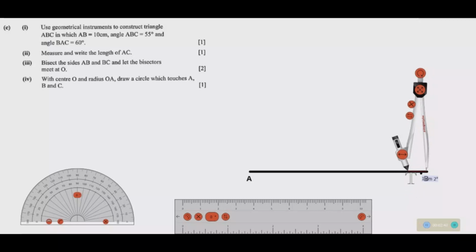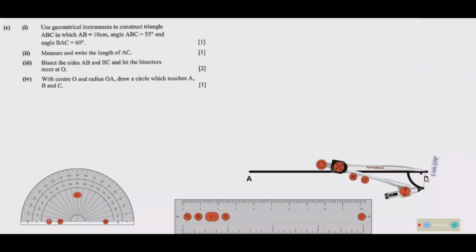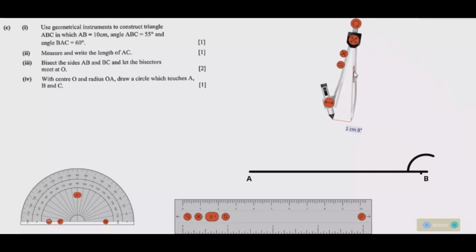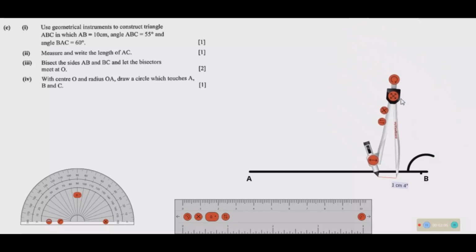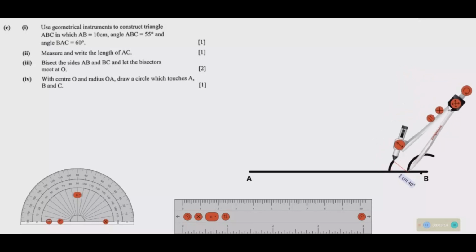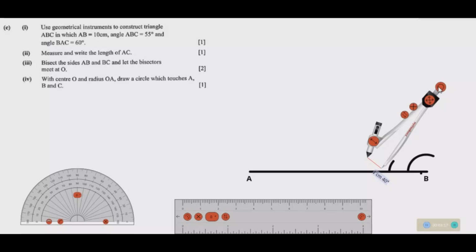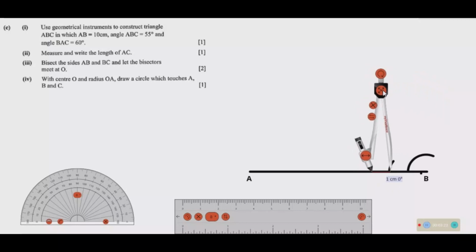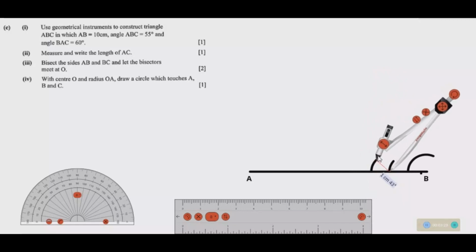Then I'm going to draw the arc here, maintaining the same width between the metal arm and the arm that has the pencil. I'm going to draw an arc here as well, maintaining the same width, like that.